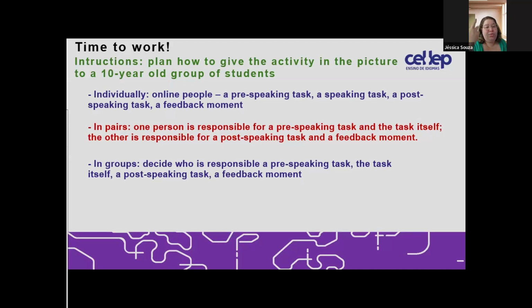Then for the post-speaking activity, we would ask them to share with the group: you get your partner's book because they have your answers, and you would say, I don't like iced tea, I like orange juice, water, soda. Then after they all finish sharing, we would ask them how they felt about the activity, and then the feedback, as she said.